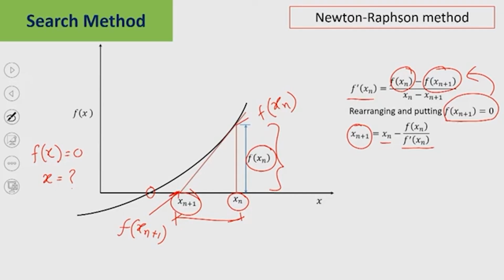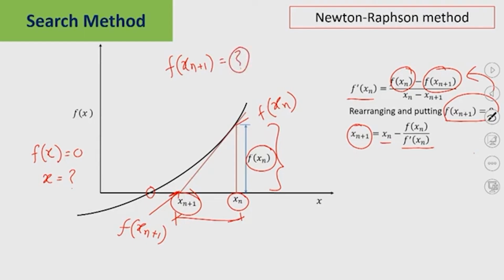But x n plus 1 is not necessarily the root of this particular function. So, I can check what the value of f of x n plus 1 is. If this value is not 0 or near to 0, that means it is not the root of this equation.